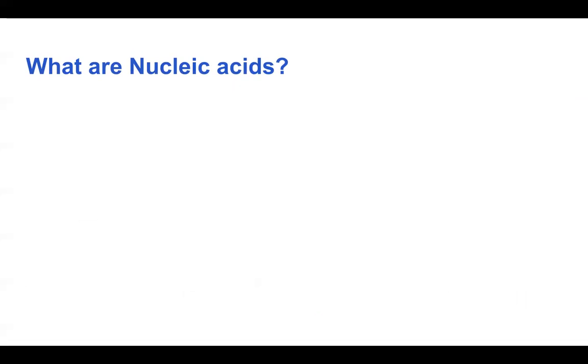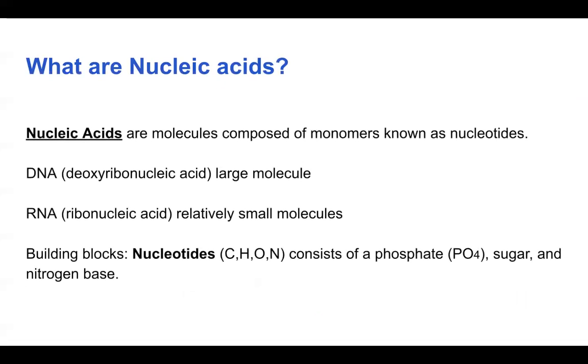What are nucleic acids? Nucleic acids are molecules composed of monomers known as nucleotides. Two types of nucleic acids, DNA, deoxyribonucleic acid, is a large molecule, and RNA, ribonucleic acid, a relatively small molecule.